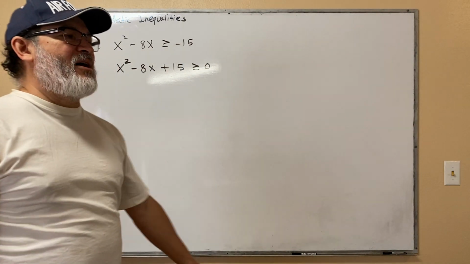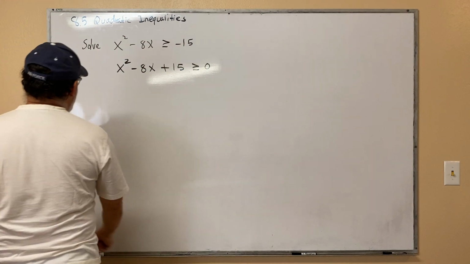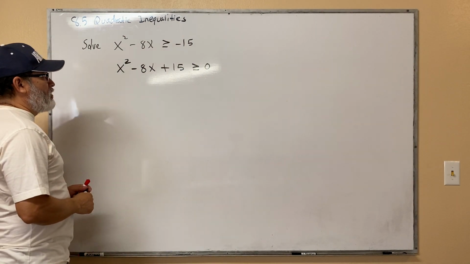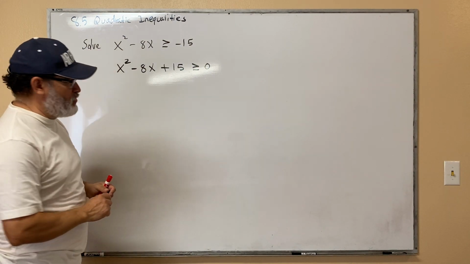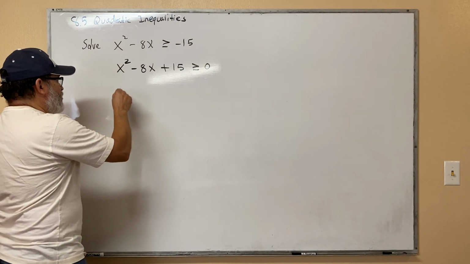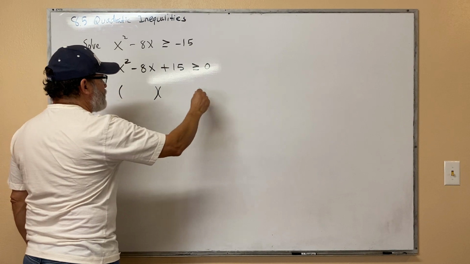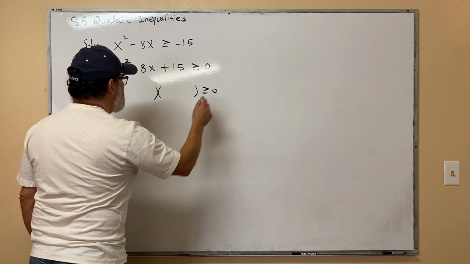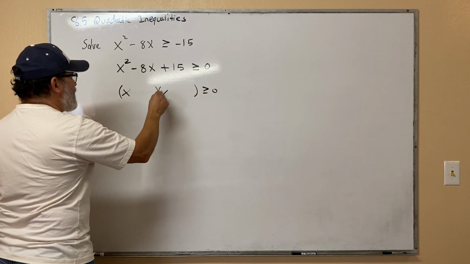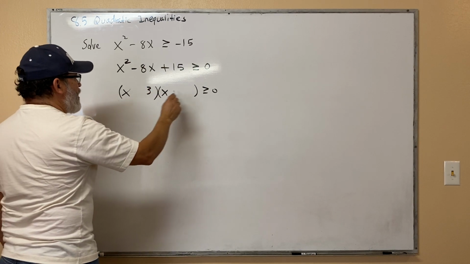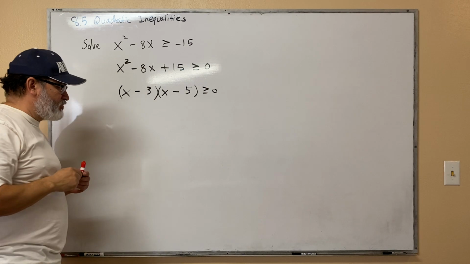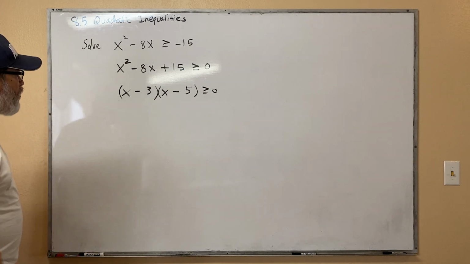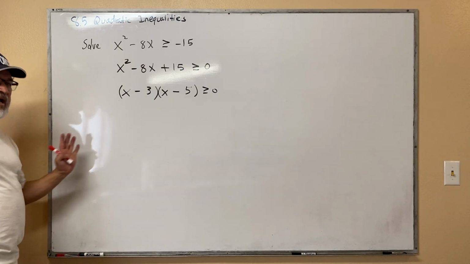Now, find the boundary values. You can just factor this and you'll be able to see the boundary values. Watch this. Factor. x times x, 3 times 5, negative and negative. So you tell me, what are the boundary values?